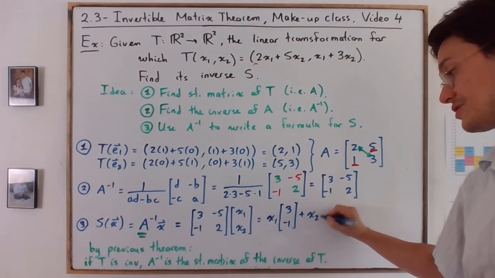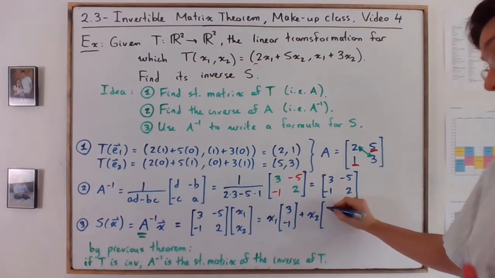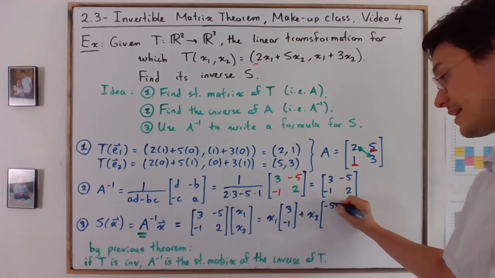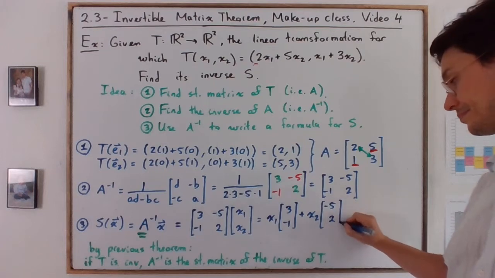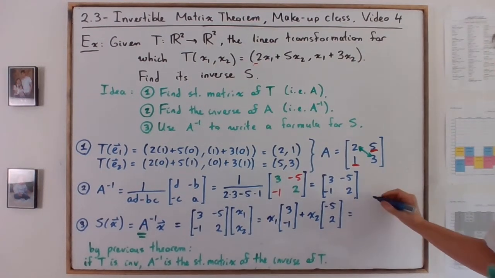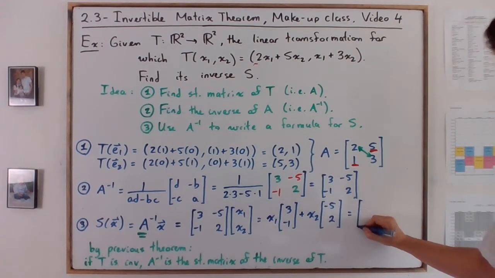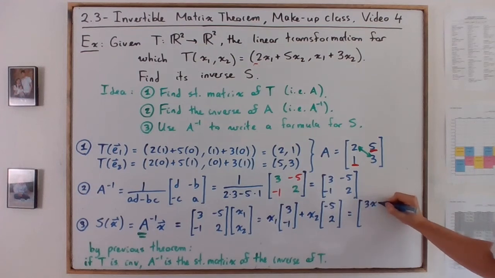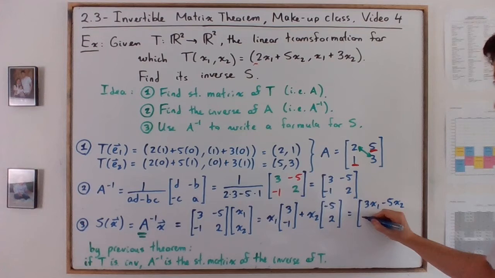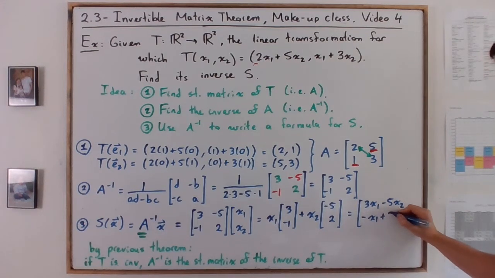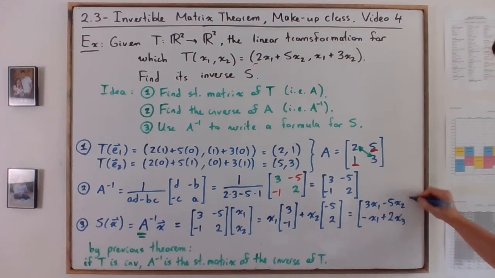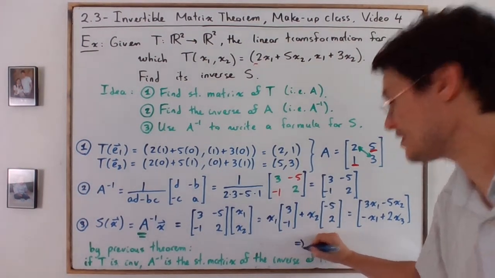So plus x2 times, here we have -5, 2. All in all, to have the vector 3x1 minus 5x2 and -x1 plus 2x2. So this is basically your final answer.